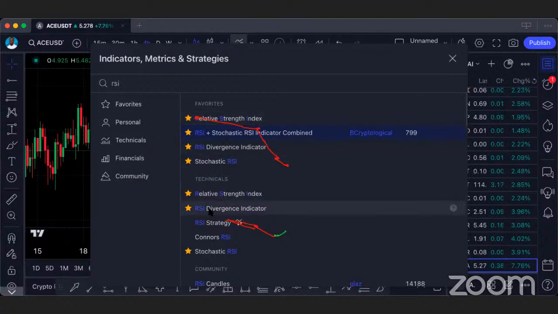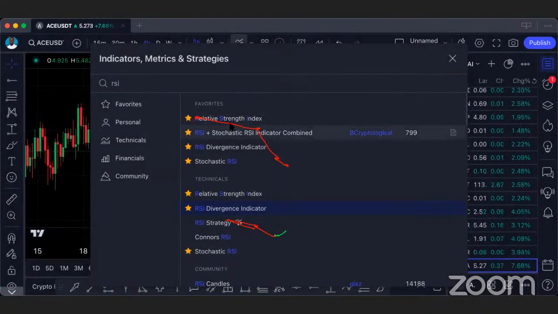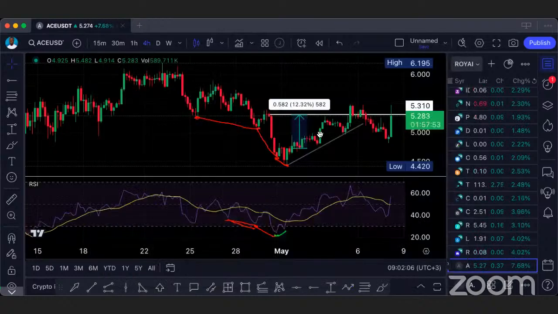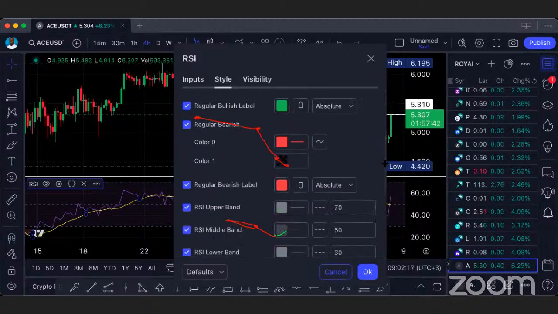Now, if you're not good at drawing divergences, there is an RSI, but something went wrong again. Now here, if you don't know how to draw divergences, you can come on this RSI indicator. Then you come down here.